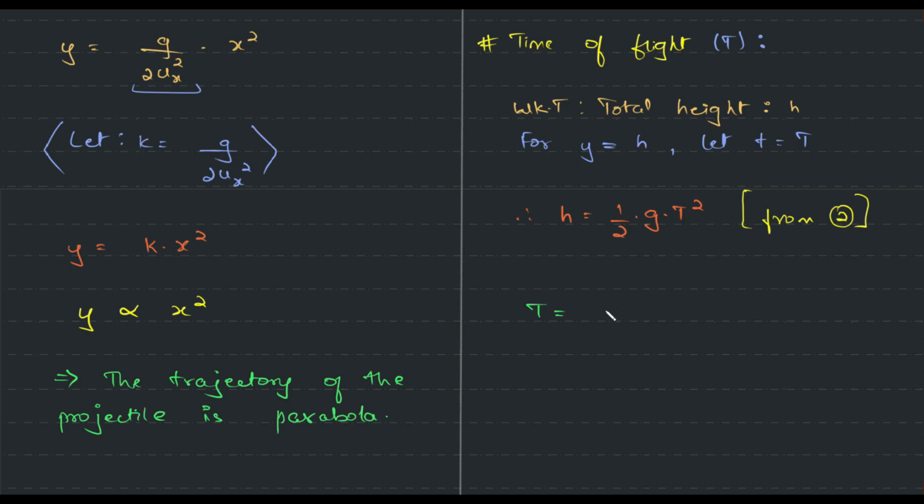So T square is equal to 2h by g, and T will be equal to the root of that. That's a general expression. So that is your time of flight.